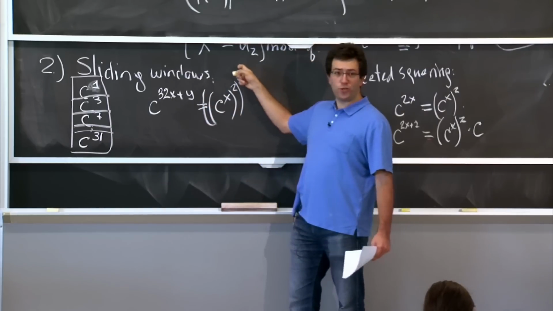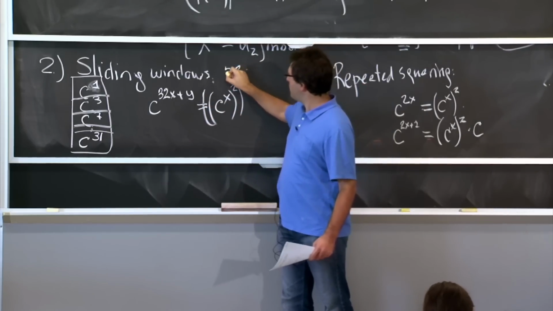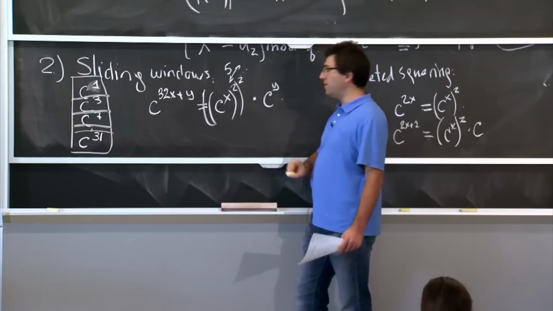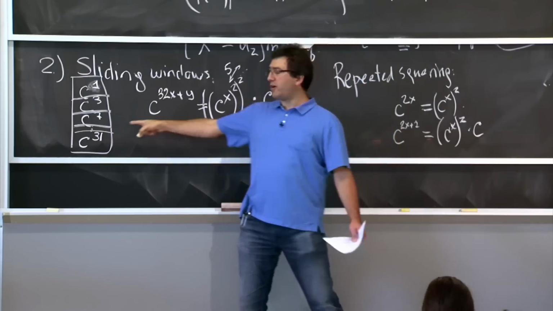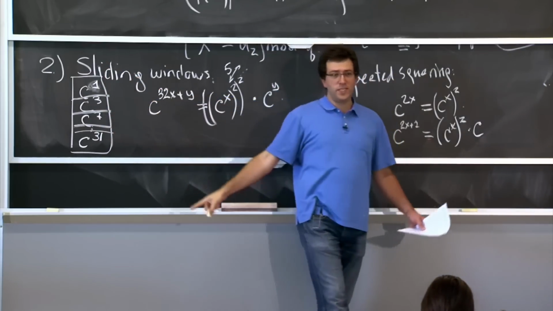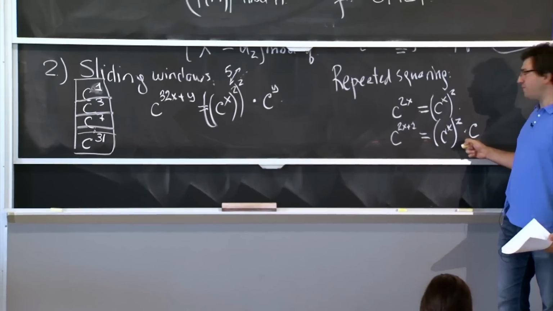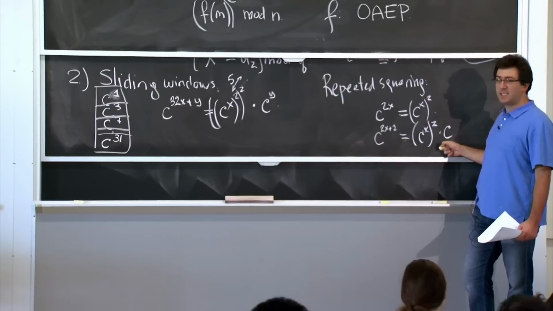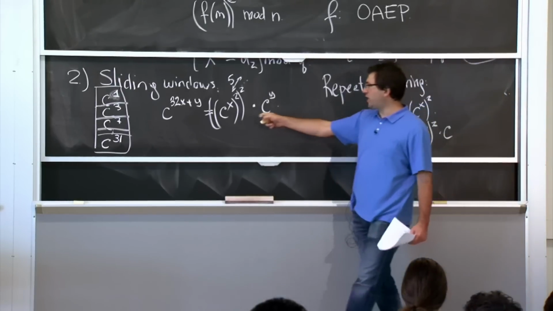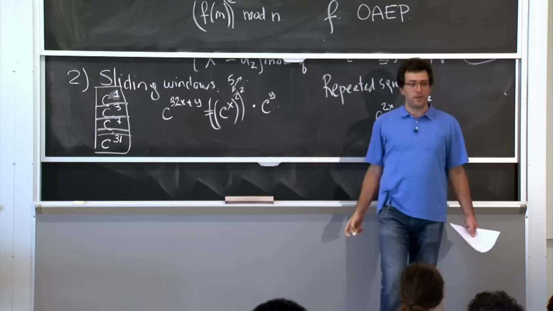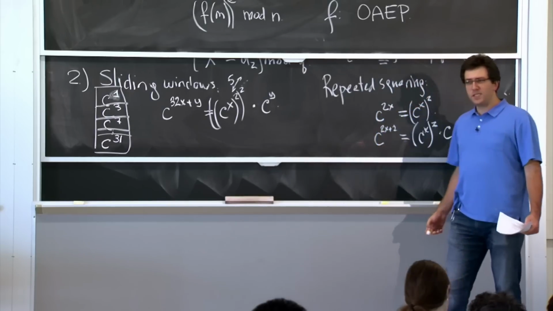This is to get to 32, there's 5 powers of 2 here, times c to the y. And c to the y you can get out of this table. So you're doing the same number of squarings as before, but we don't have to multiply by c as many times. You're going to fish it out of this table and do several multiplies by c for the cost of a single multiply. This make sense?